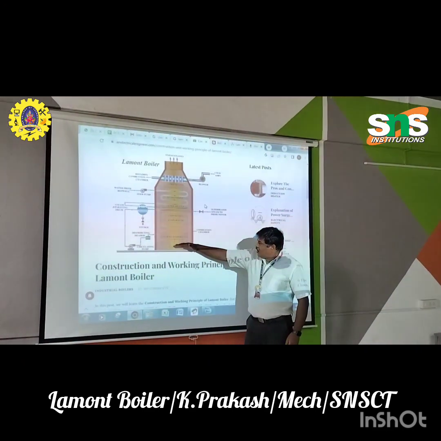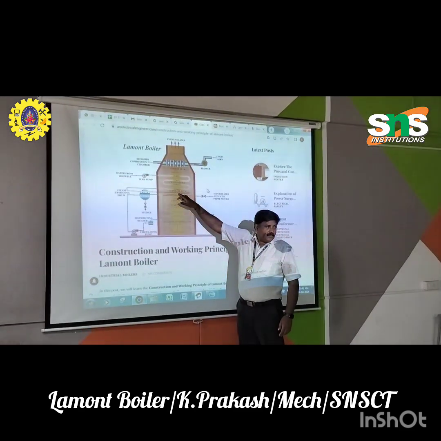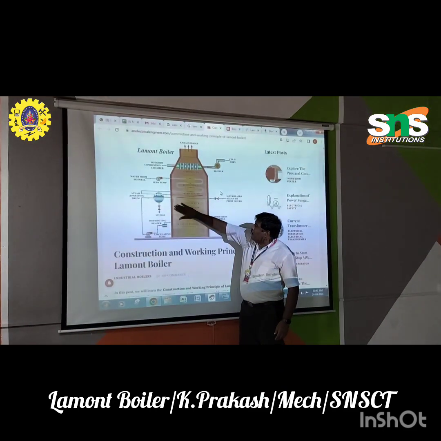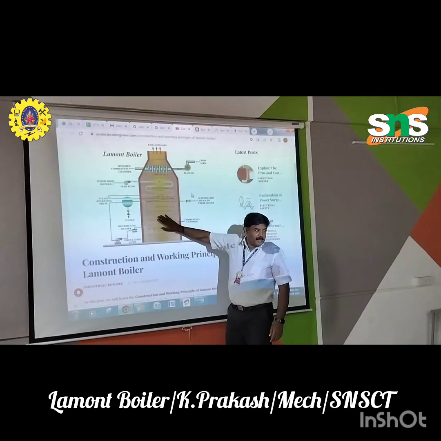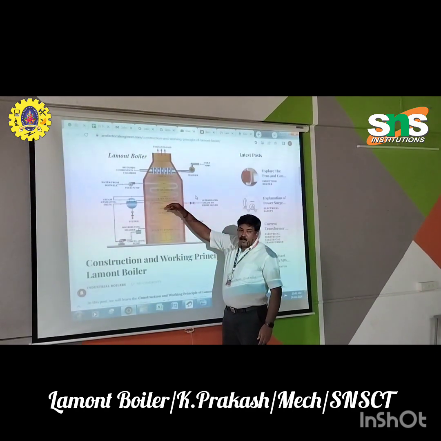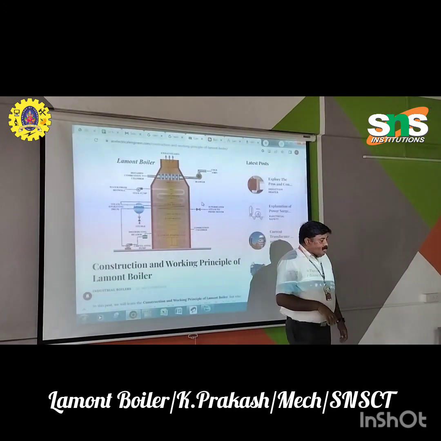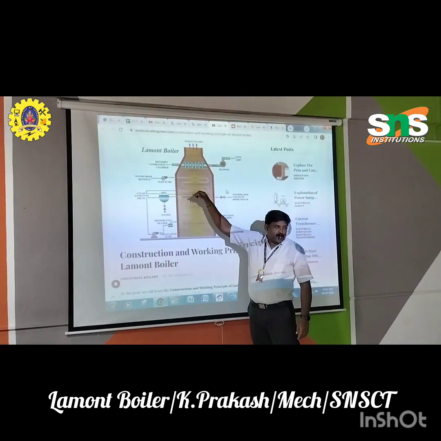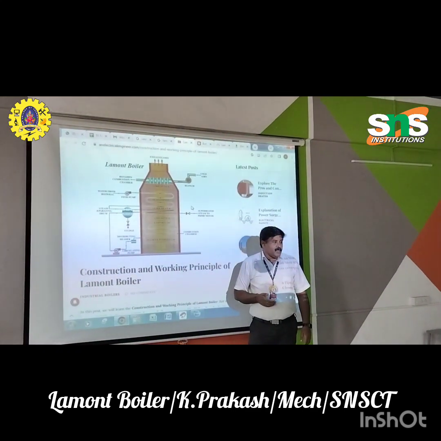This heat energy is trapped in each and every zone. Finally, the steam conversion takes place and is completed. But after that, with a large amount of heat, the flue gas is going outside. So that amount of wasted heat is also reused here. I will tell you that later, that is how we are reusing it.